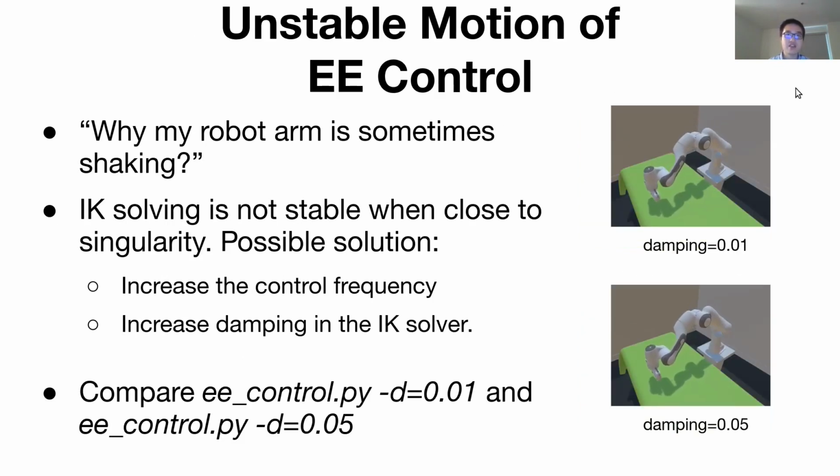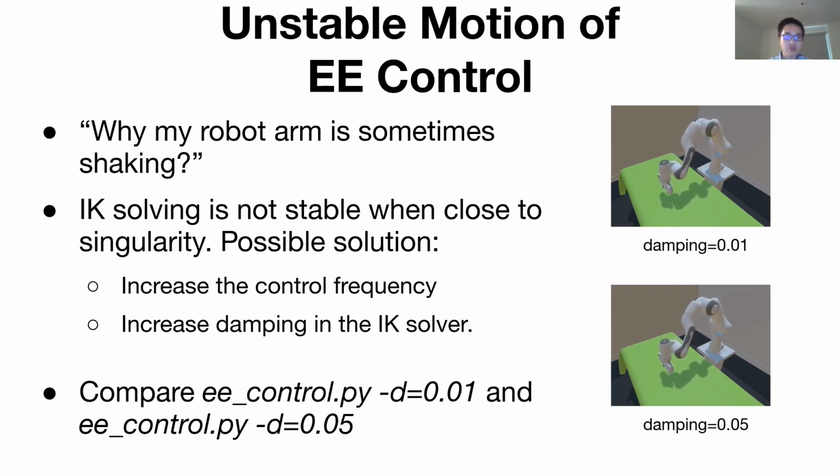And next, when using the end-effector control or EE control, sometimes we would observe some unstable motion of the robot arm. It would appear to be shaking at times. And this kind of effect is mostly due to the instability in IK solving.